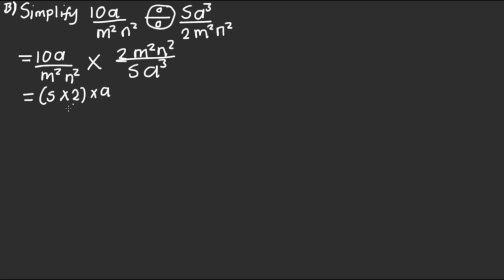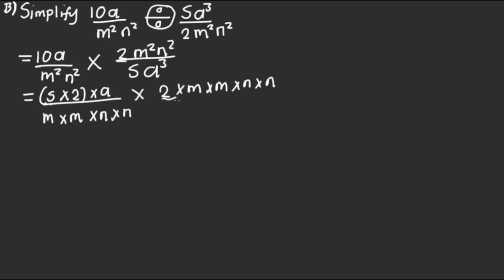Then a over m times m, since we have squared, times n times n. Times, here we have 2 times m times m times n times n over 5 times a multiplied by a. I advise you expand like this. It is going to make your work easy.